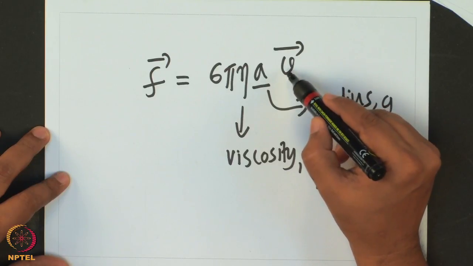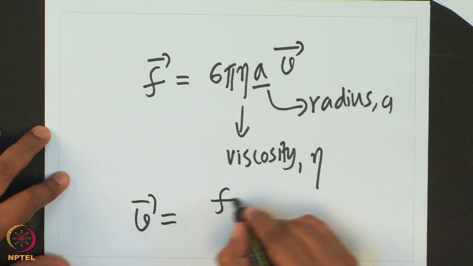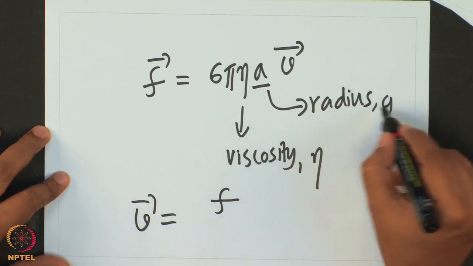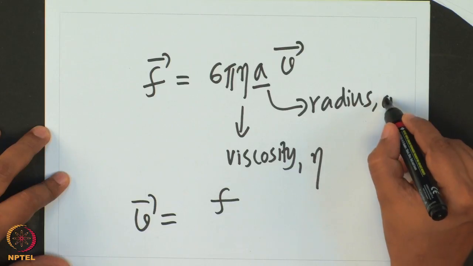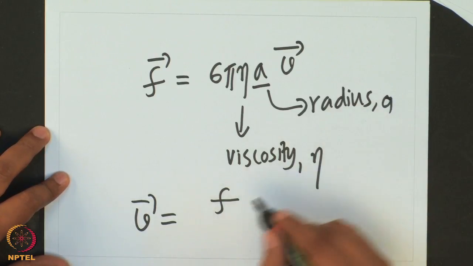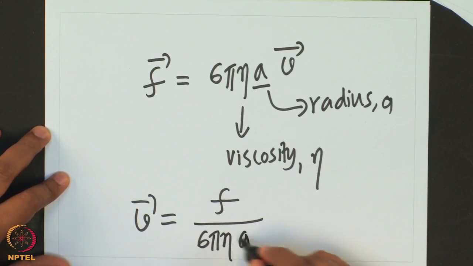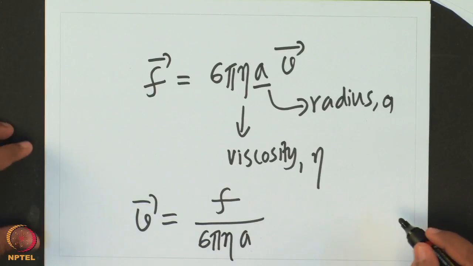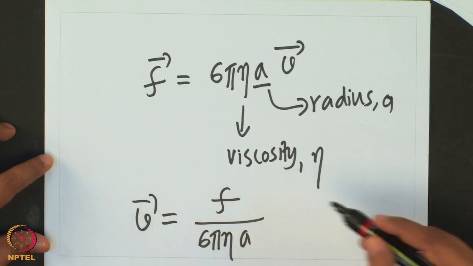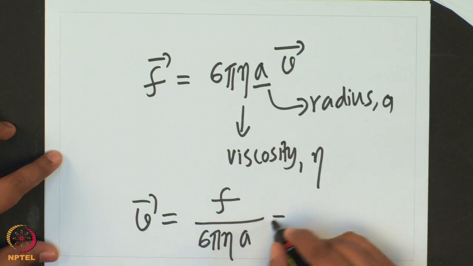Eventually the velocity would be v. In other words, v would be, for a spherical particle of radius A, so the assumption is protein is like a sphere of radius A, F by 6 pi eta A. This would be the typical velocity that one would get.